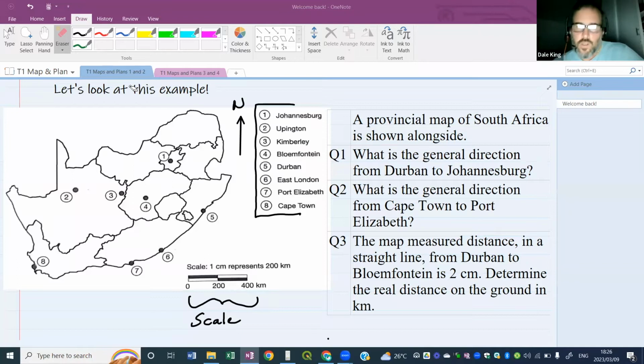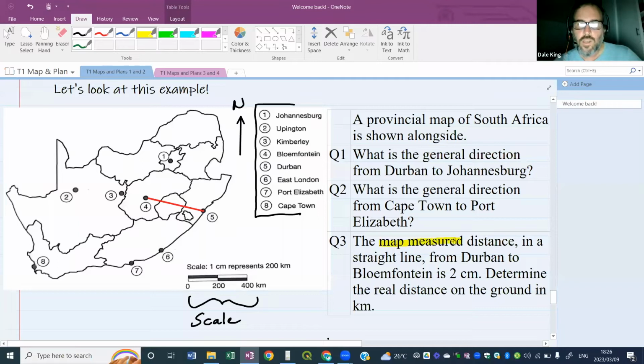Let's have a look at question 3. Question 3 says the map measured distance in a straight line from Durban to Bloemfontein is 2 centimeters. So there's a straight line that goes from Durban, which is 5, to Bloemfontein, which is 4. The key word here is map measured.